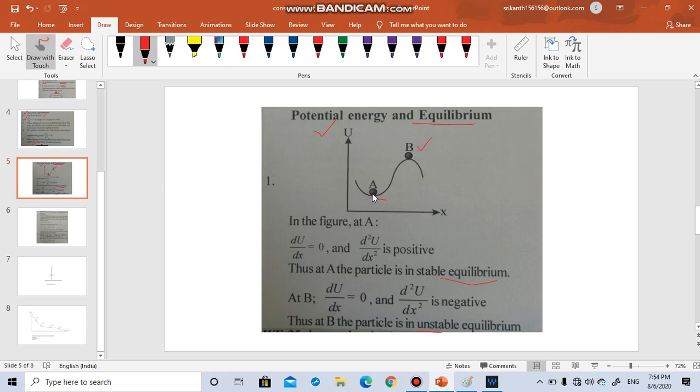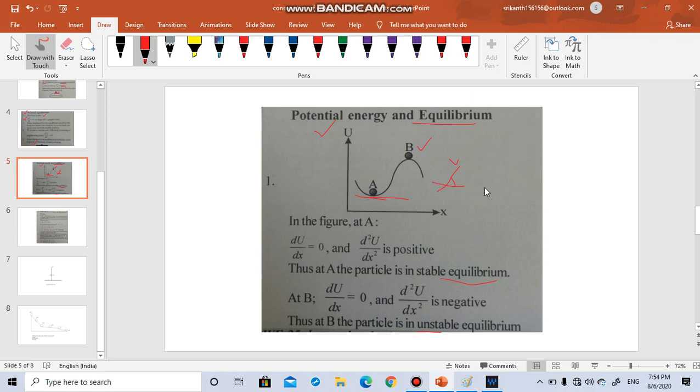Here at both locations, see du by dx is basically slope. How do I get the slope here? I need to draw a tangent. This tangent line is parallel to the x-axis. So what is the slope value? It is 0. Suppose the tangent line was something like this. This is the x-axis. Some angle will be there, right? When this line itself is parallel to x, that means it is coinciding with x-axis.